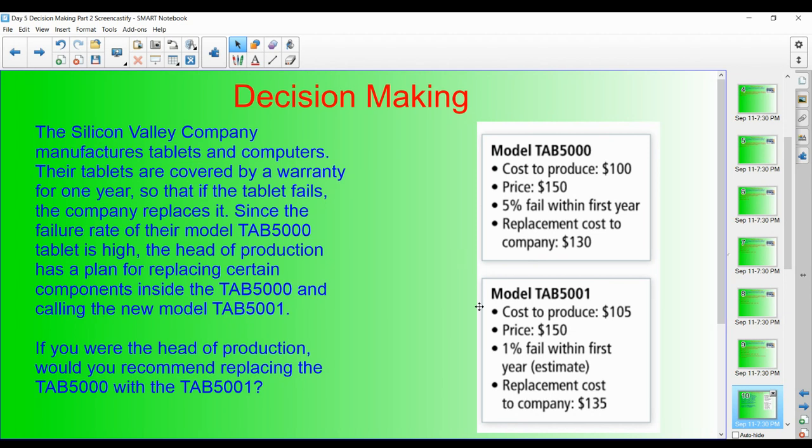The Tab 5001 costs more to produce, so it's going to have slightly less profit, but it also fails less. Tab 5000 fails more, but it's got a higher profit. Higher profit, lower replacement. So we got to figure out, using expected value, which one am I going to make more money from, or which one am I expected to make more money from?